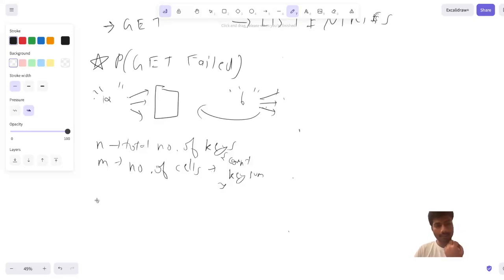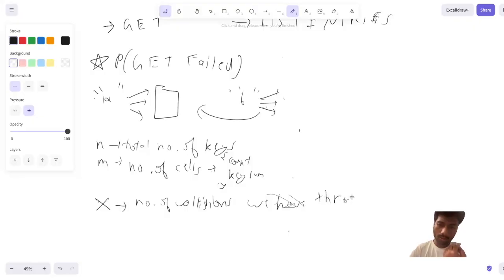And let's define a random variable x, which denotes the number of collisions we have through another key to this index. So if x is 0, then there are 0 collisions.